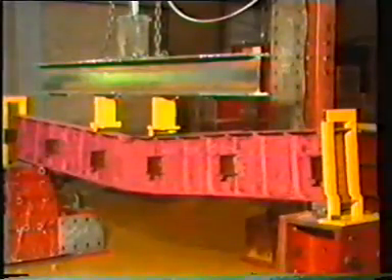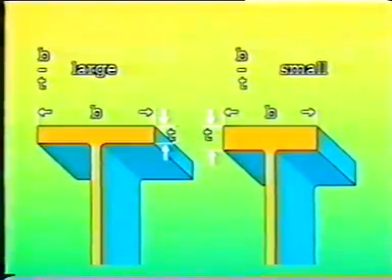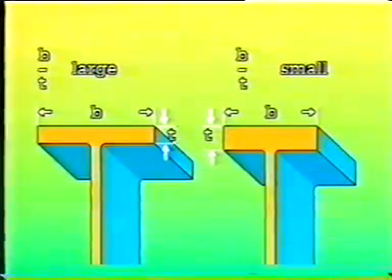If B over T, flange width over flange thickness, is large, the flange buckles locally. However, such a flange offers great resistance to overall buckling. A small B over T ratio encourages overall buckling and reduces the tendency to local buckling.